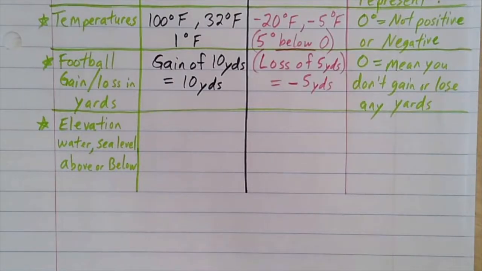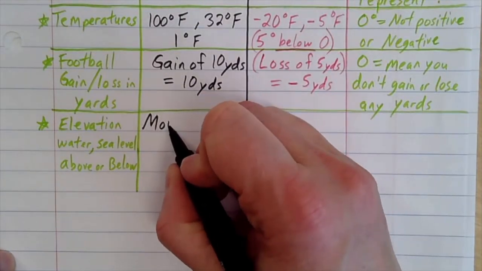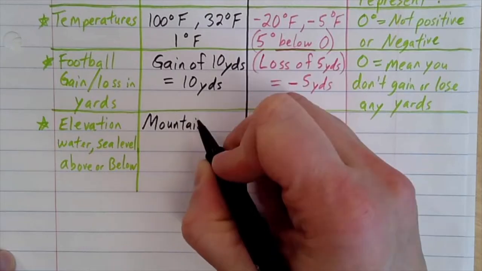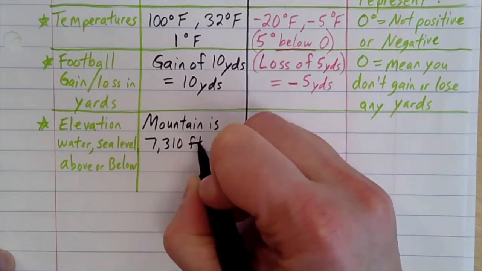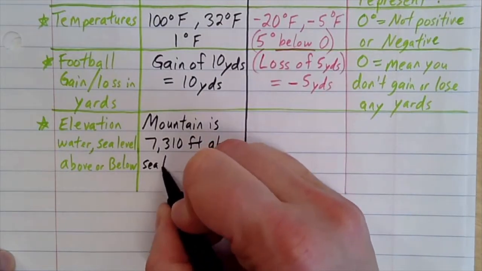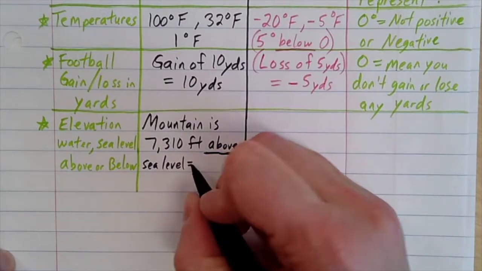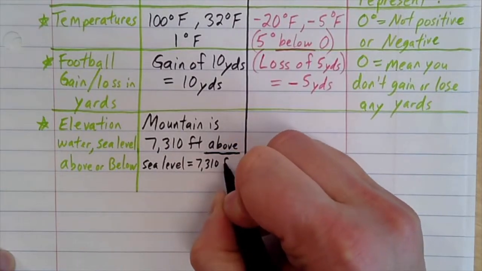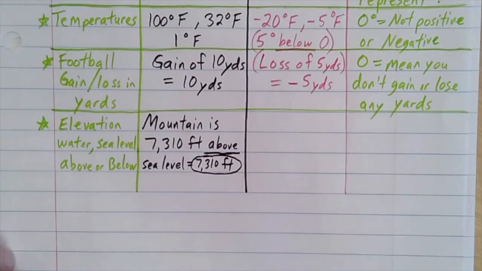So where would I have a positive situation with elevation? You could say that the mountain is 7,310 feet above sea level. And because I use the word above, we know it's a positive number, so we could write that as 7,310 feet. You don't necessarily have to write a positive in front of it.